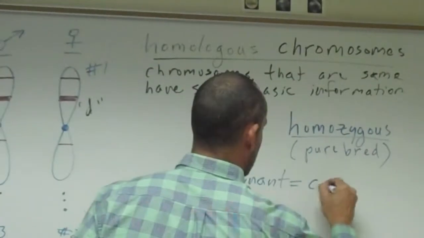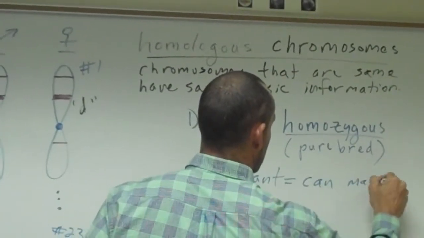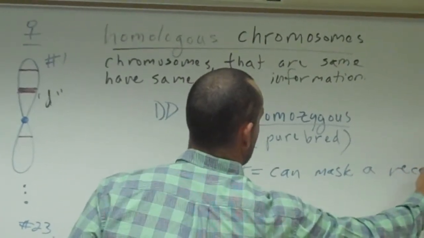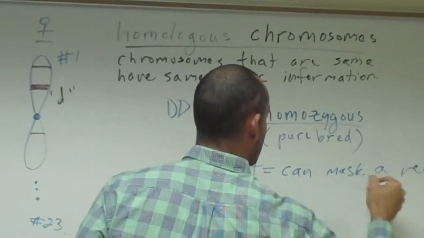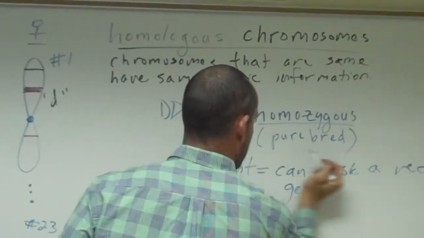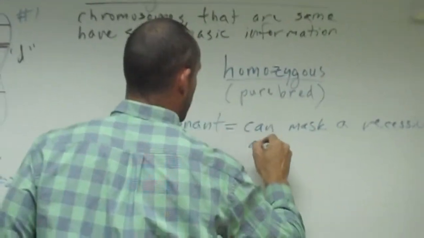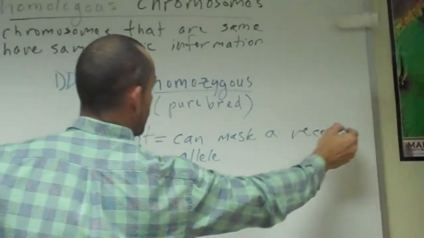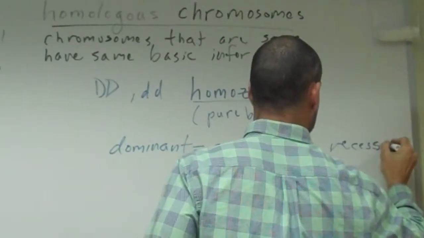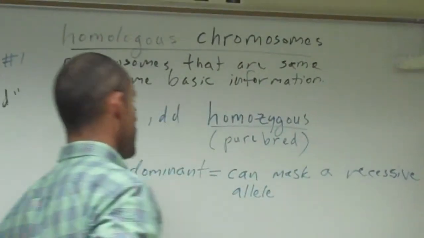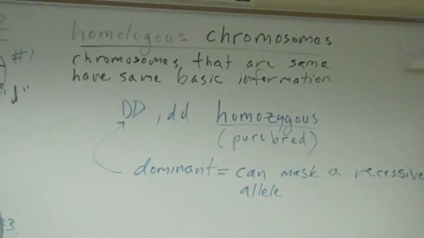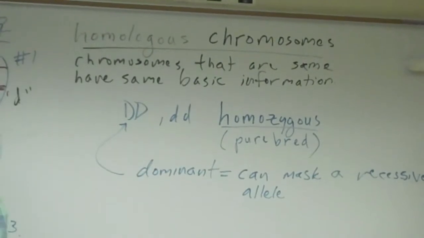Dominant means that you can mask a recessive allele. So this would be an example of homozygous dominant. Both alleles are the same and they're both dominant.